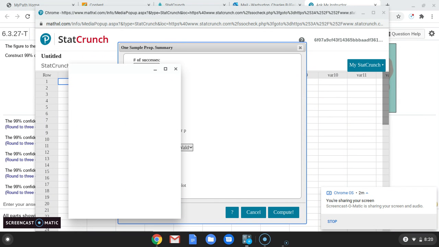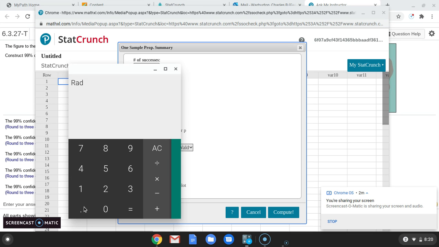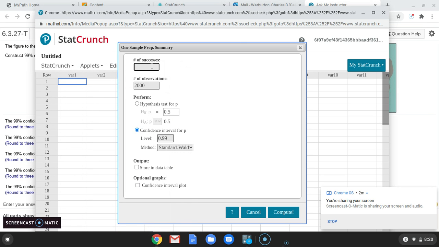I might be able to do that in my head, but just in case you don't know how to do that in the calculator, 62% as a decimal, 0.62 times 2,000 gives us how many of those 2,000 are in their field of study. That's 1,240. So of the 2,000, 1,240 of them are in their field of study.